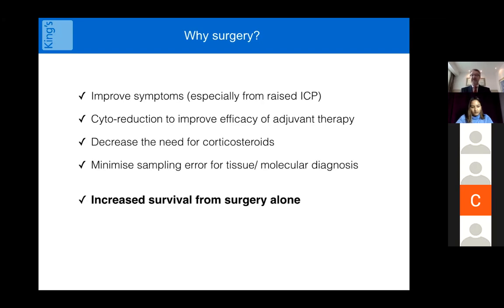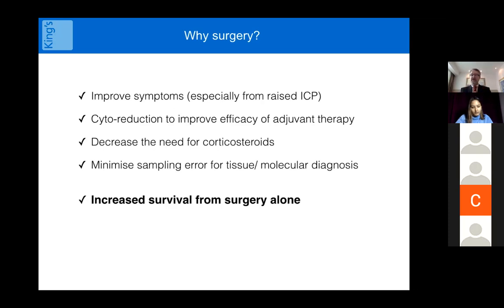You can have a cytoreduction to help chemotherapy and radiotherapy, so that, for example, you debulk a tumor and then the radiation oncologist will have to treat a smaller volume with their radiotherapy, and this is clearly beneficial to patients. You will minimize a sampling error, meaning that removing a tumor, you will send a lot of tissue to the pathologist, and in these days of enhanced molecular and genetic diagnosis, this is also quite important.